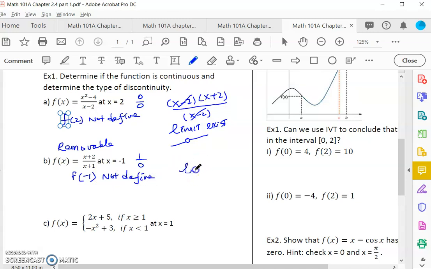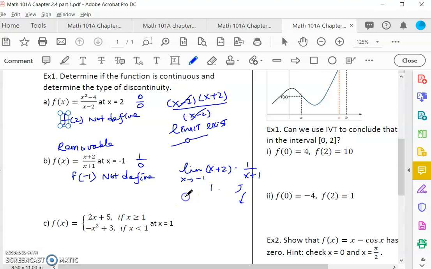And that's why you need to do the limit. As x approaches negative 1, you have a 1 over 0. So you split them up as x plus 2 times 1 over x plus 1. This would go to positive or negative infinity, right? A constant, we plug it in, is 1 times positive infinity, negative infinity is still infinity.